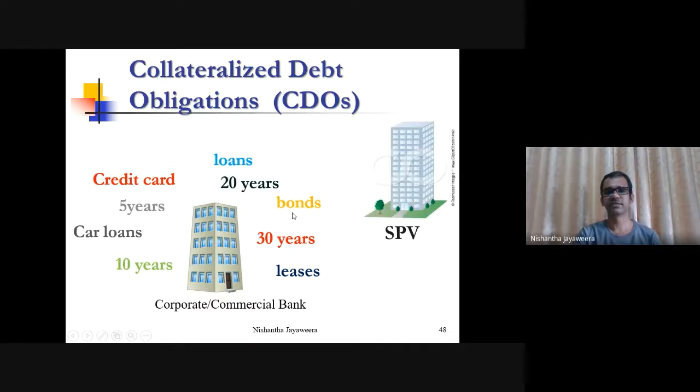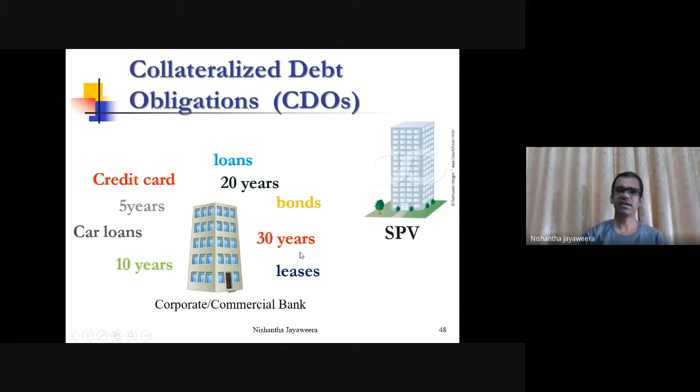All those assets are transferred to the special purpose vehicle. So that's the advantage for the originator, as we call the party who originally creates these assets or grants loans.